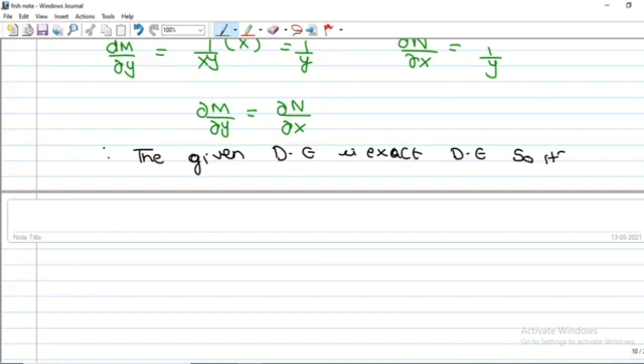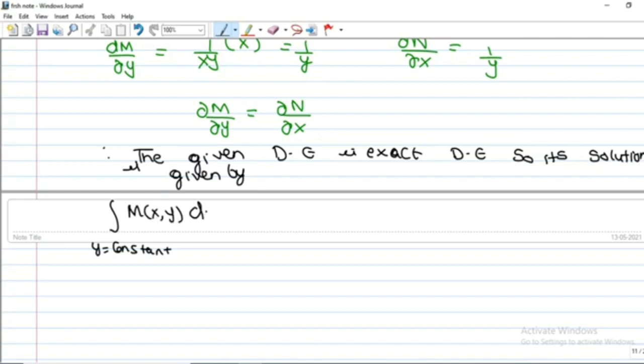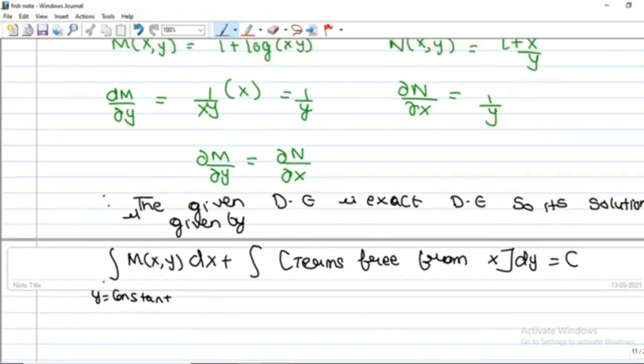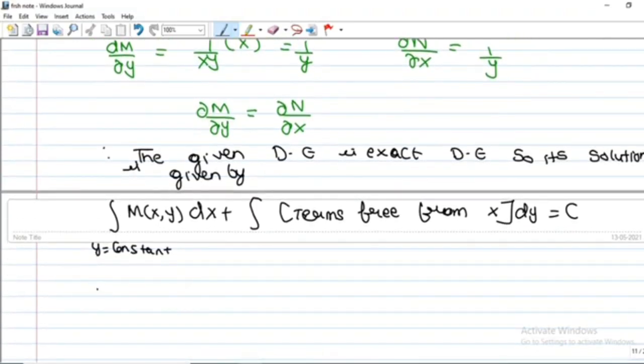So its solution is given by integral of M dx plus integral of the terms of N free from x dy equals constant. What will it be? Now what you can see is M of x comma y is this thing, 1 plus log x log y, which I can write as 1 plus log x plus log y.